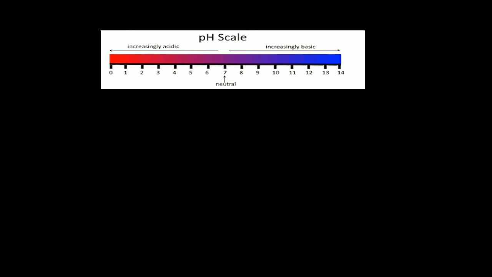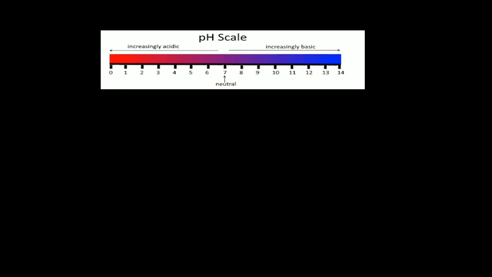On moving from 0 to 7, acidic character decreases. So strong acids lie between 0 and 3, and weak acids lie between 3 and 7.